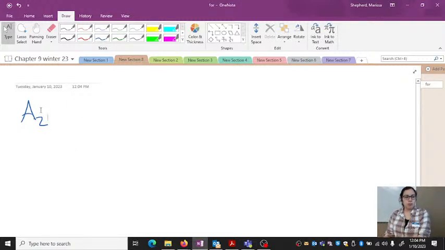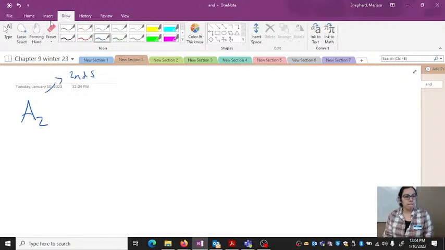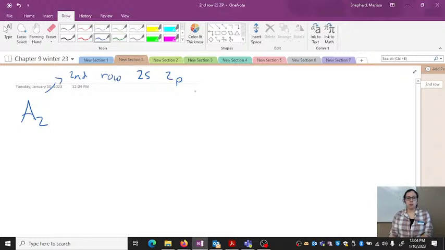And so now A2, we're going to invoke p orbitals. So this is probably, let's just say it's second row. And so that means that we're mainly focusing on the valence orbitals. So that's going to be 2s and 2p for this one.